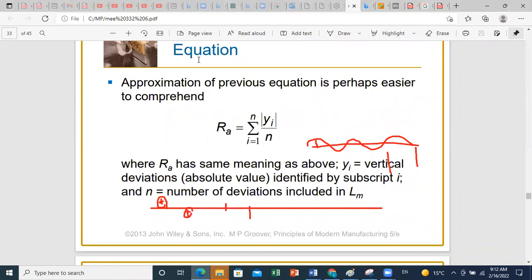What we can do is, instead of drawing the complete profile of roughness, we can take a certain high number of points on the specimen and measure the deviations from the nominal value. And then we can define roughness as a summation, over the points, of the absolute value of deviation, divided by the number of points considered. Okay, of course, the higher the number of points, the better the estimation of your roughness, and it will then be close to the integral calculation.